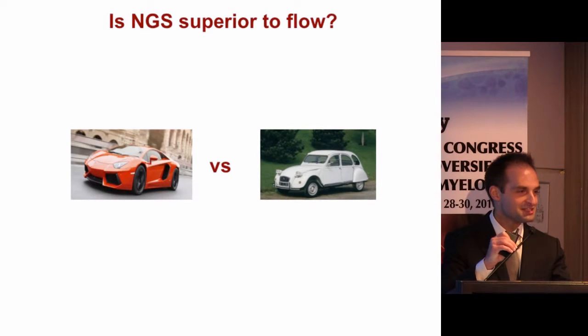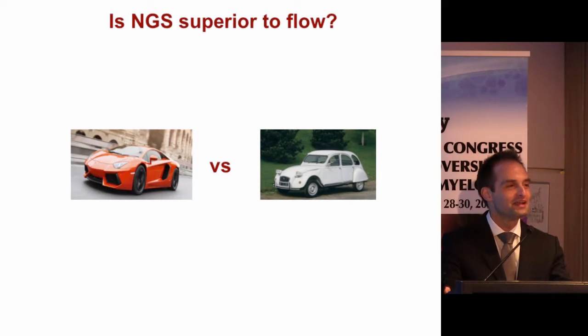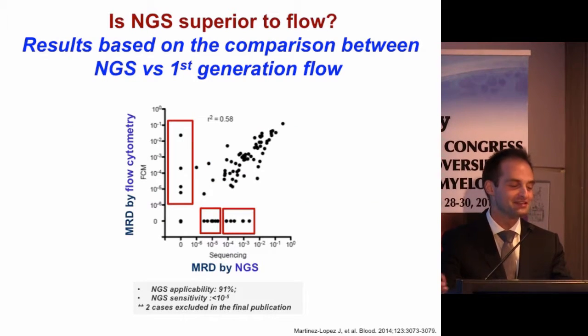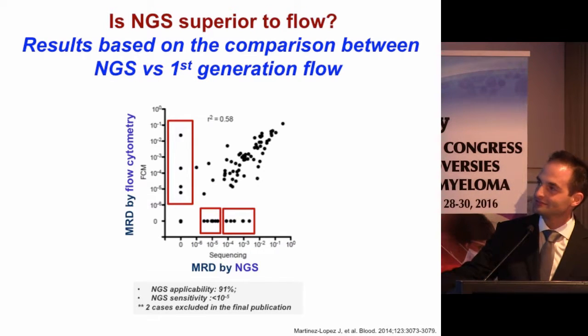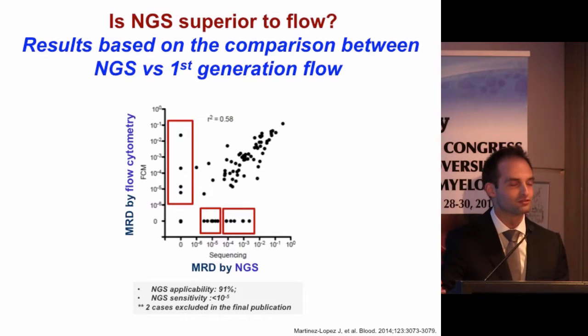Then, is NGS superior to flow? I would say that it depends on how you compare it. Certainly, if you compare NGS versus 4-color first-generation flow, even though there is a good correlation, even though there are some discordant patients that are positive by immunophenotype, negative by molecular, there is certainly a significant fraction of patients that are positive by NGS and negative by 4-color flow.